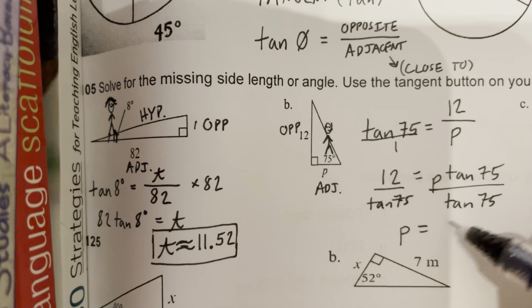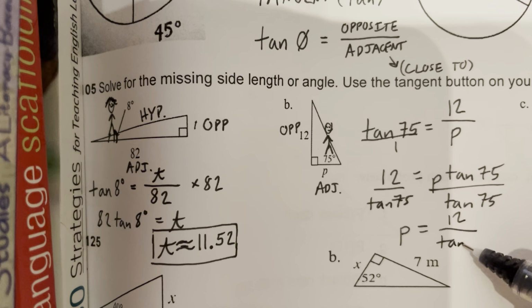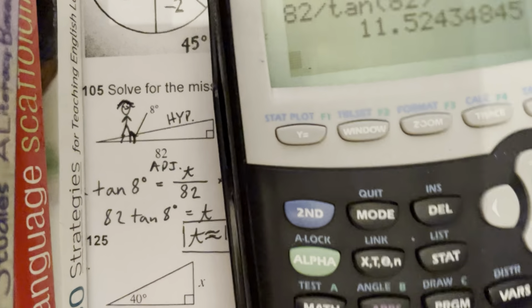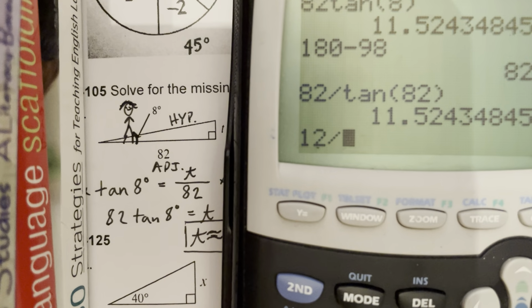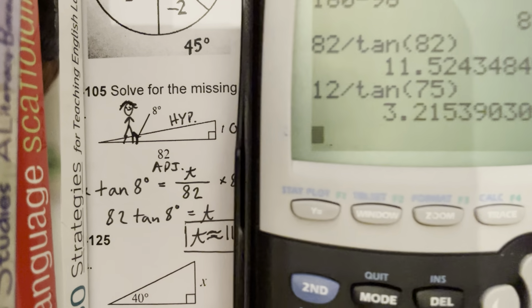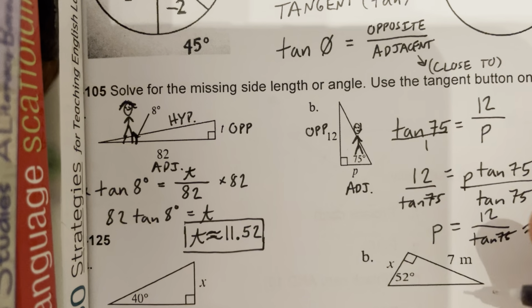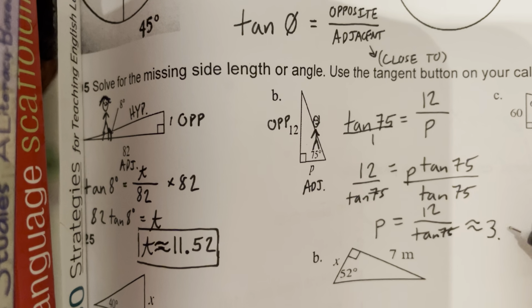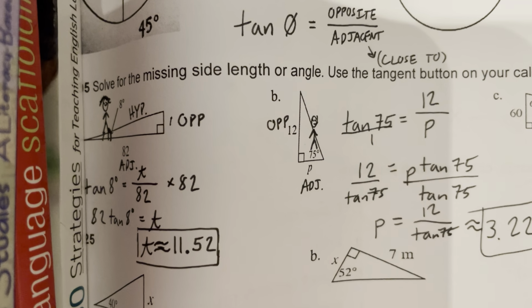And we end up with P equals 12 over tan 75, which is about 3.22. And that is the side length P right here. Okay?